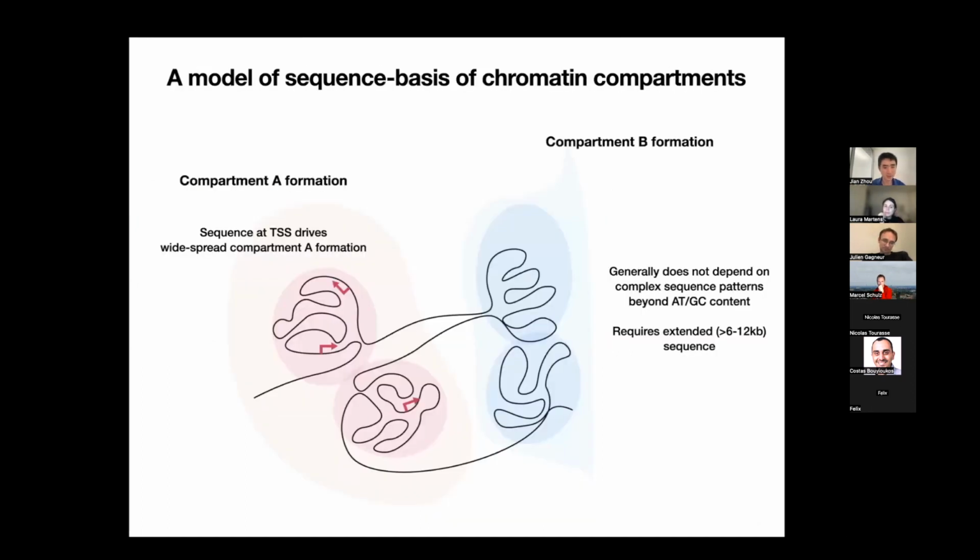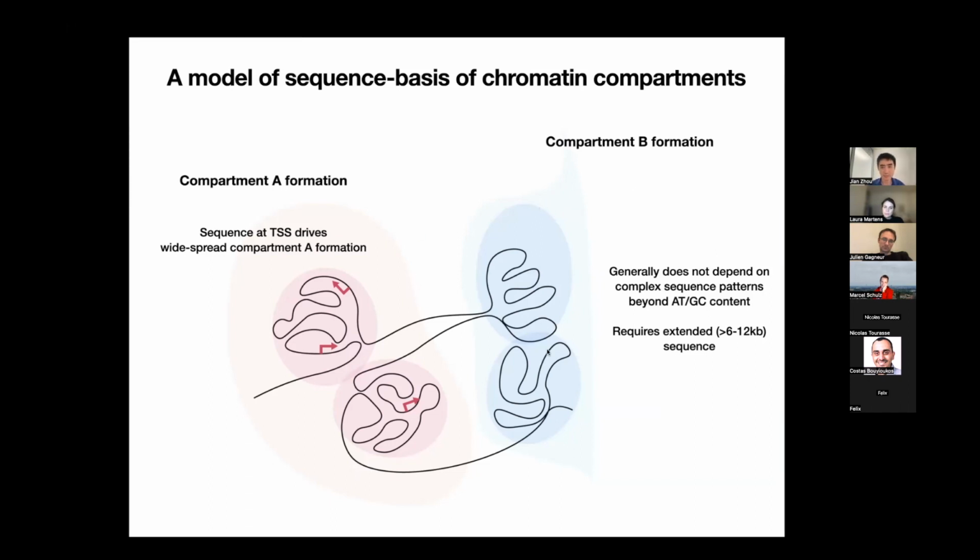So taken together, this is the model that we hypothesize about the sequence basis of compartments. A short sequence at the TSS can drive widespread compartment A formation, which is likely due to the large scale chromatin change that's induced by transcription.